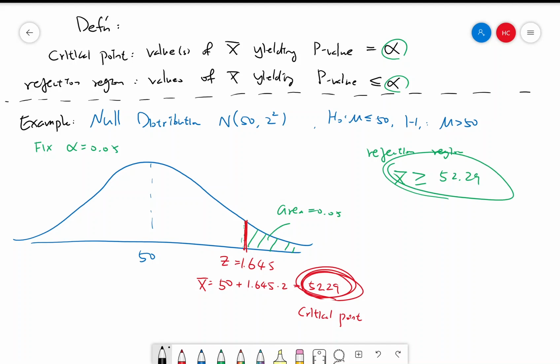Okay, so let's do a slightly different example. Let's still keep alpha as 0.05, and the null distribution is the same. It's still mean 50, and standard deviation is 2.